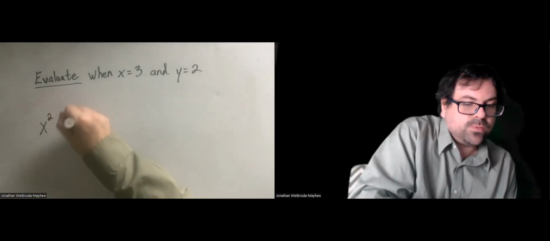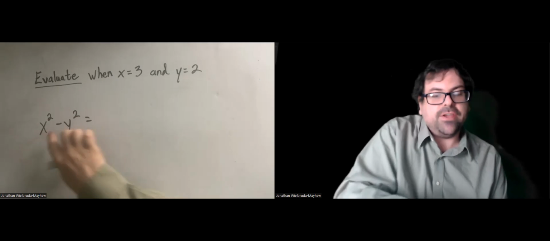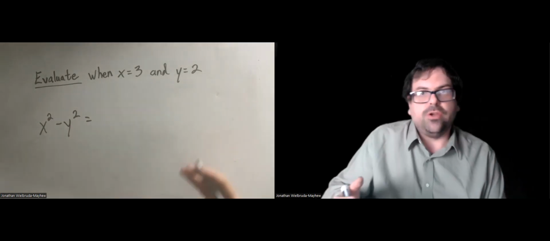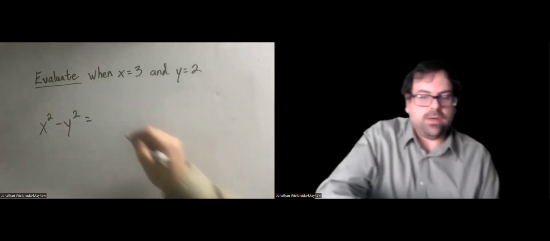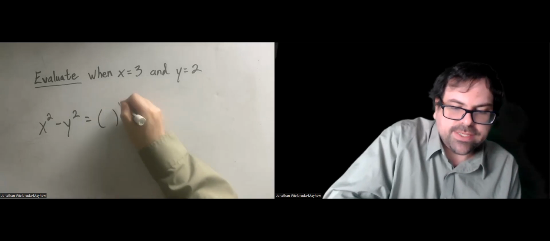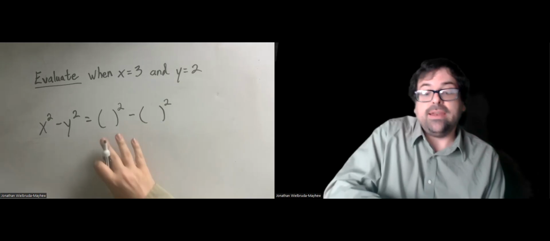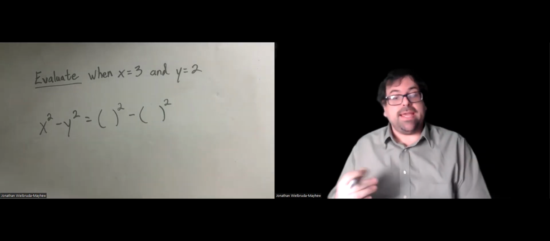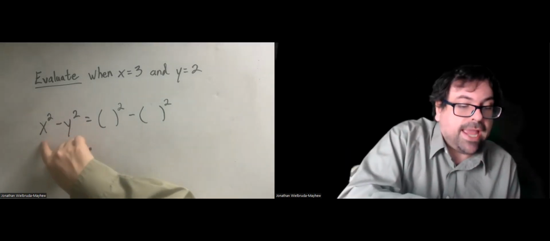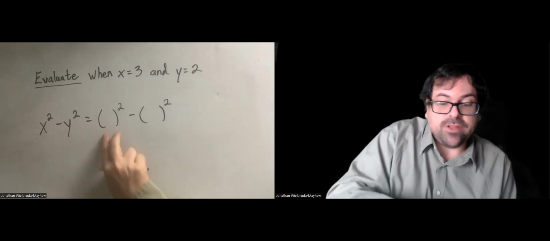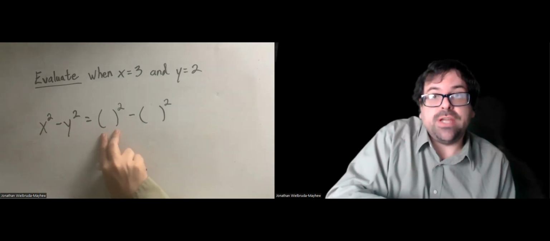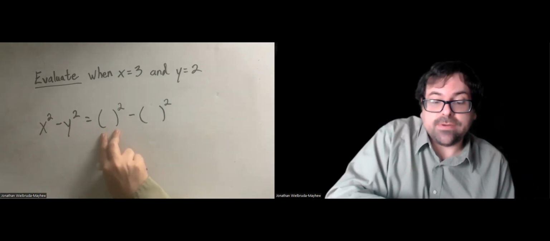X squared minus y squared. When we plug in values that are squared or cubed or to any power, use parentheses. Because whatever we're plugging in its entirety is the base. Here, x squared, the base is x. So the base is however much information we have for x, all of it.